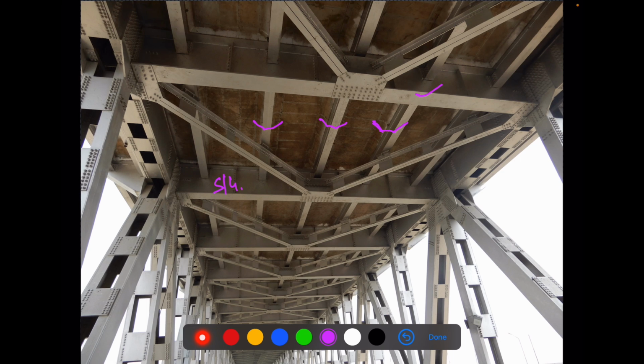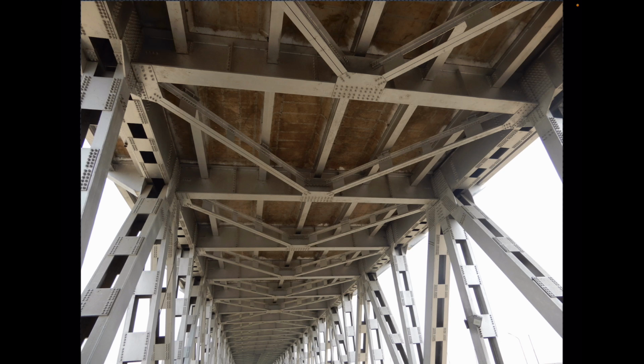Yes. So you can easily find that, with the help of our knowledge of the fundamentals of the components of open web girders, we are able to easily identify the structural elements of this particular bridge, although we have not studied it previously. Now we can identify the key structural components in any new bridge, and we can conceptualize the load transfer mechanism with which the bridge has been designed.